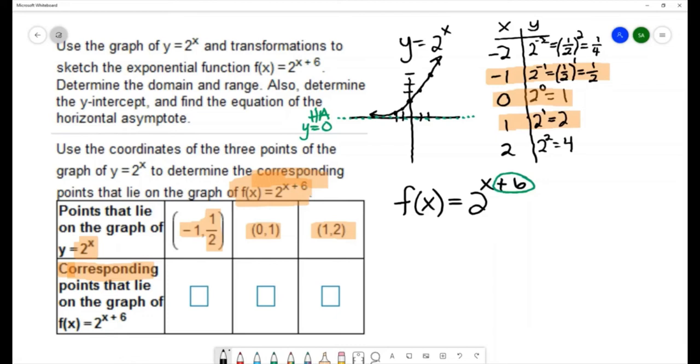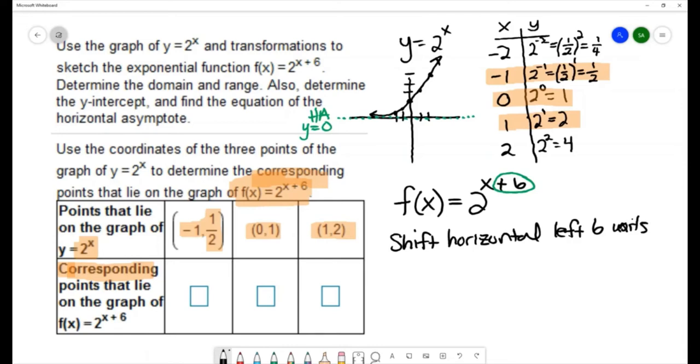We know that adding or subtracting creates a shift. Because that adding is inside of my base function, I know it is a horizontal shift. And because it's a plus, I know it's a shift left. We're going to shift left 6 units.